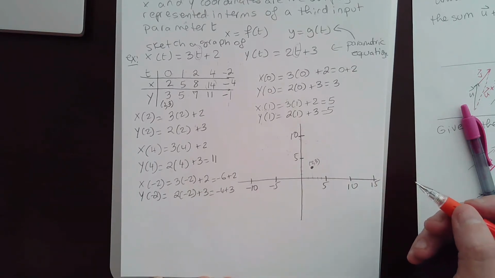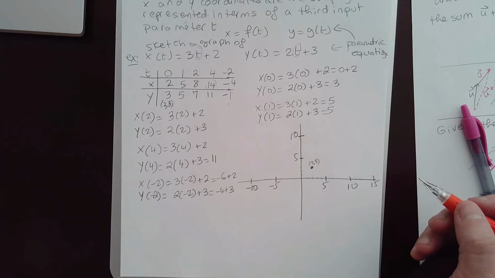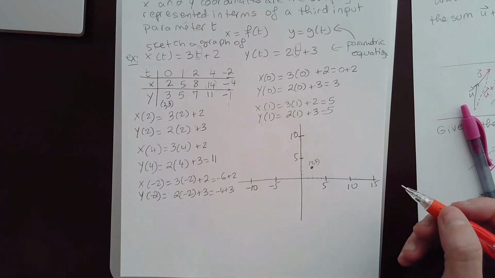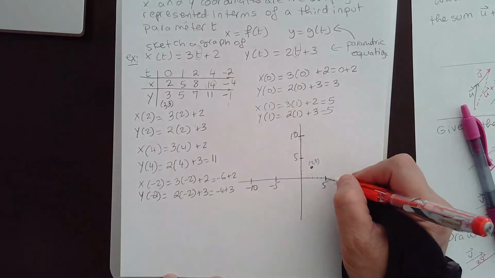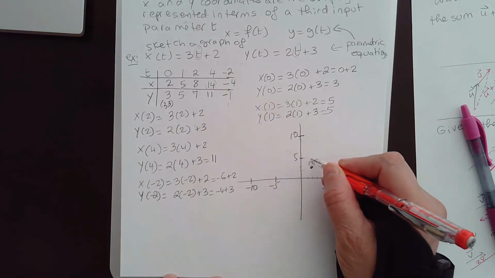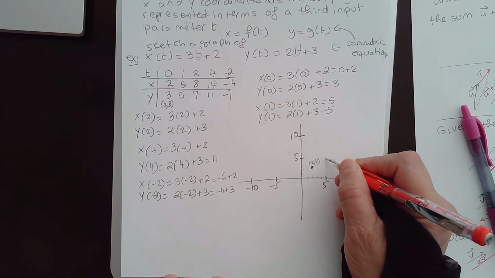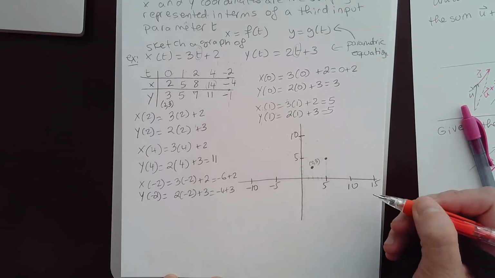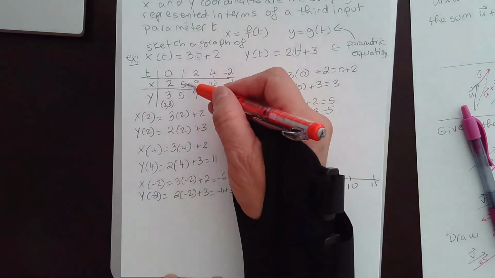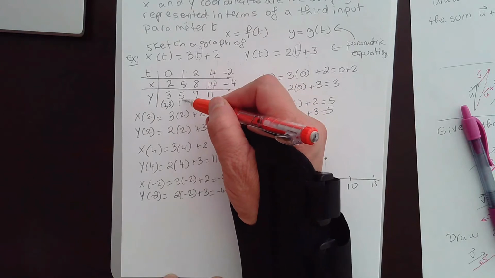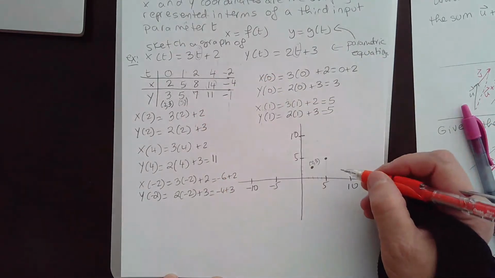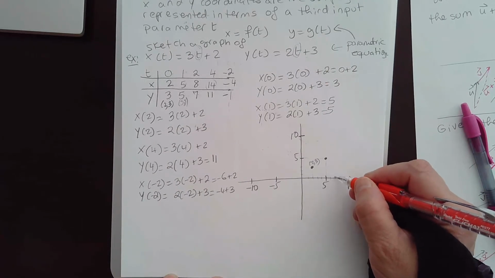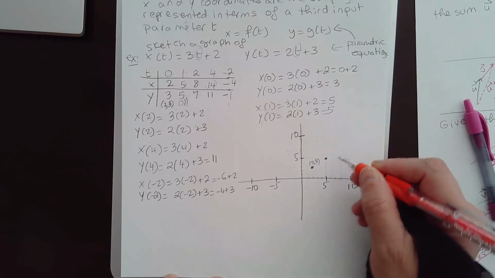Okay? And let's select the other point, 5, 5. When t is 1, you have 5, 5. That's a point on the graph. And here you have 8, 7. So 6, 7, 8, 8 right here.